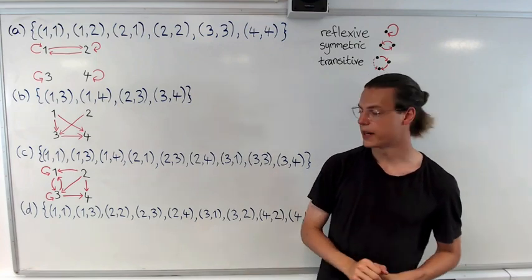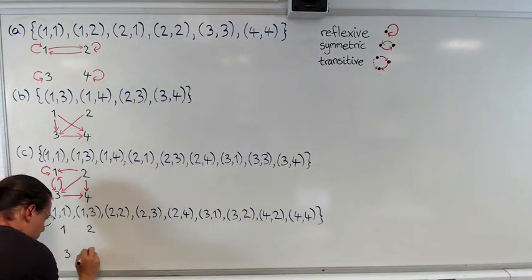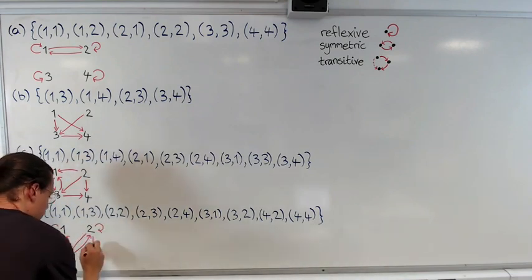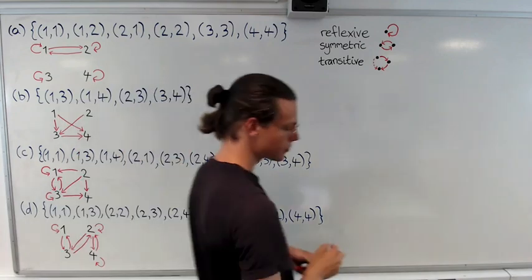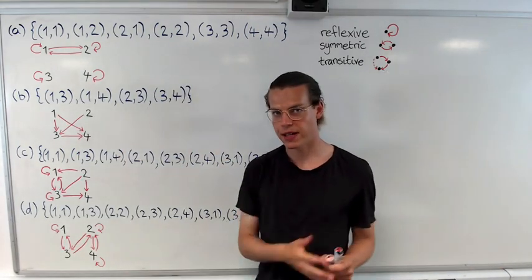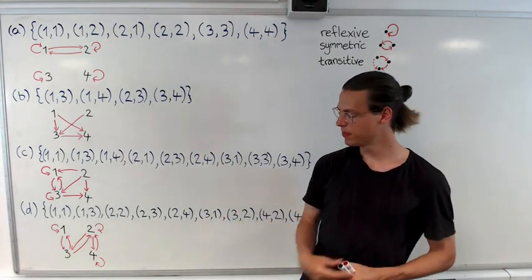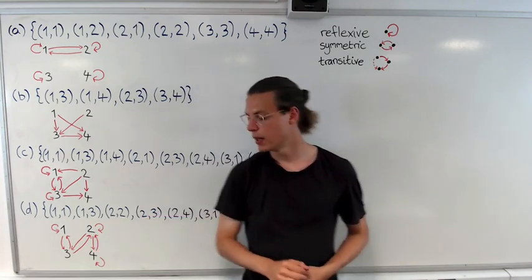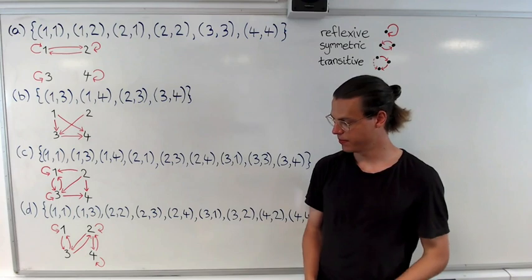Let's draw our final relation. This relation is not reflexive, since 3 is not related to itself. It is symmetric.